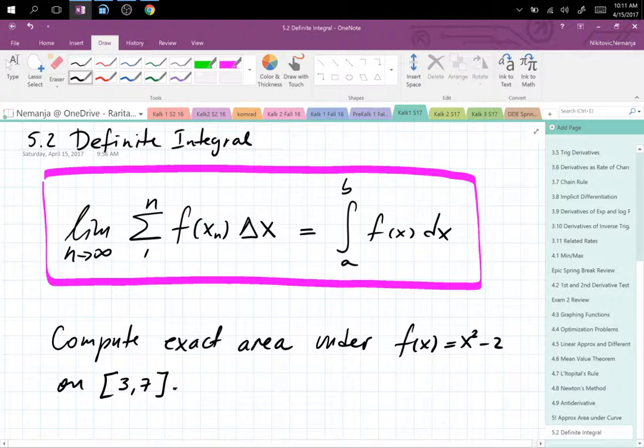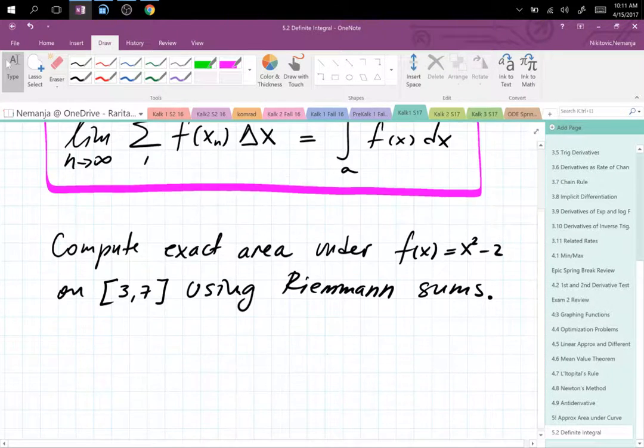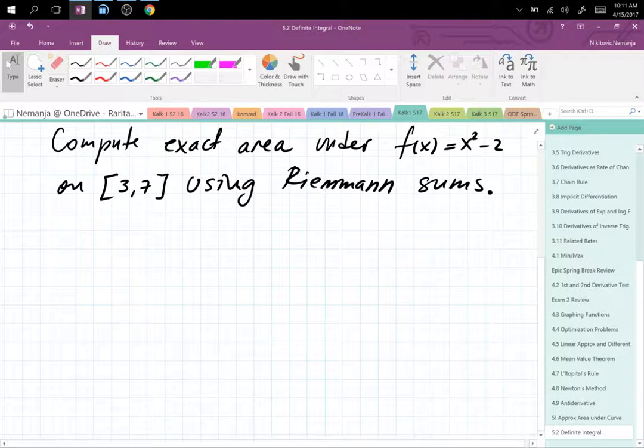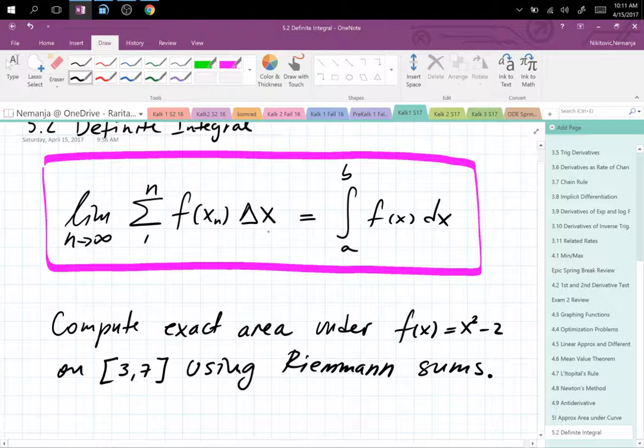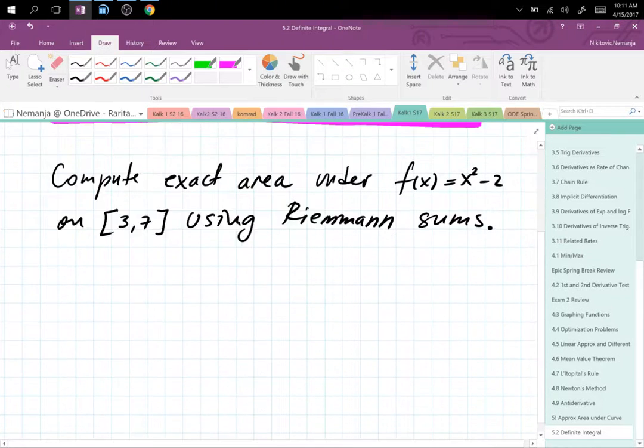Compute the exact area, may I add, using Riemann sums. Good luck with this one. All right, so we are supposed to use the limit definition of the integral to solve this problem. Let's see how that works.